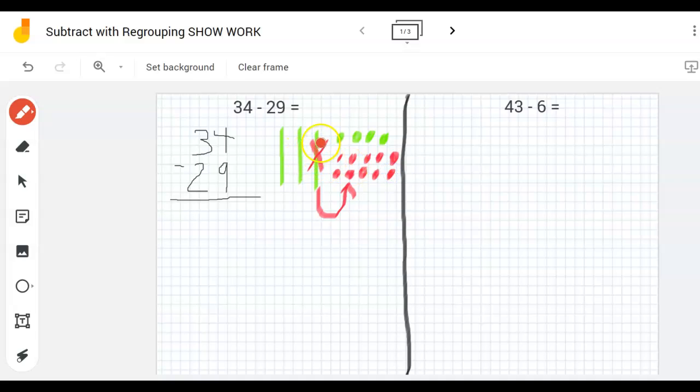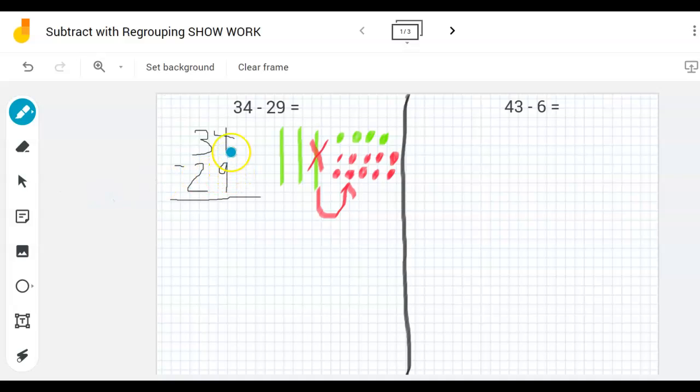So now that I took one of these tens and I broke it up into 10 ones, do I have enough here now that I can subtract 9 ones from it? Yes, I do. Let's go over to our problem and show those same changes.